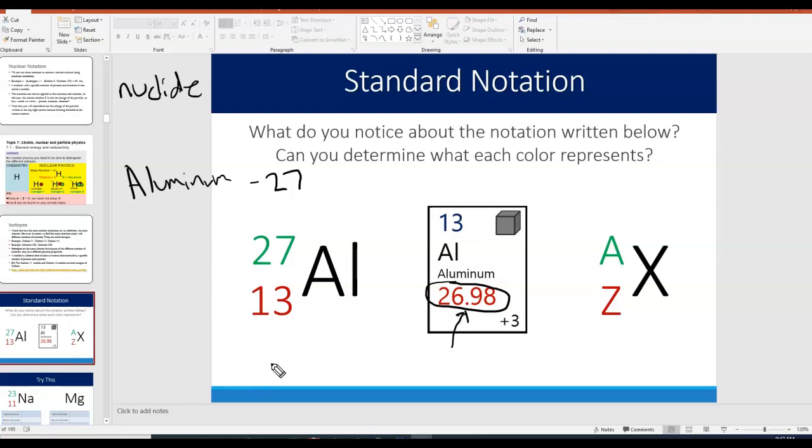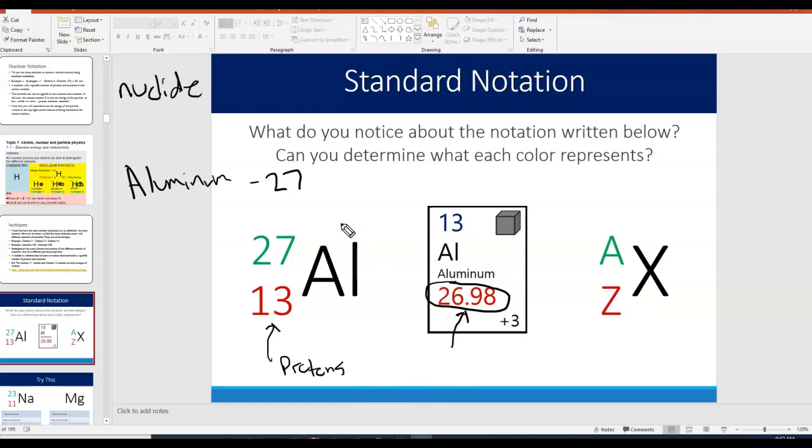In particular, aluminum 27 has 13 protons, because remember this bottom number represents the Z, the atomic number, the number of protons, and that would leave 14 neutrons in this particular nuclide of aluminum. So again, don't confuse mass number and mass. This number down here that you've probably seen on a periodic table, you'll never have to worry about that number ever. That's, again, more of a chemistry thing than a physics thing.